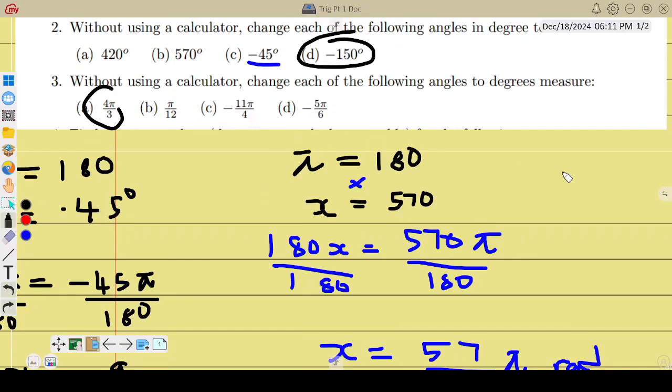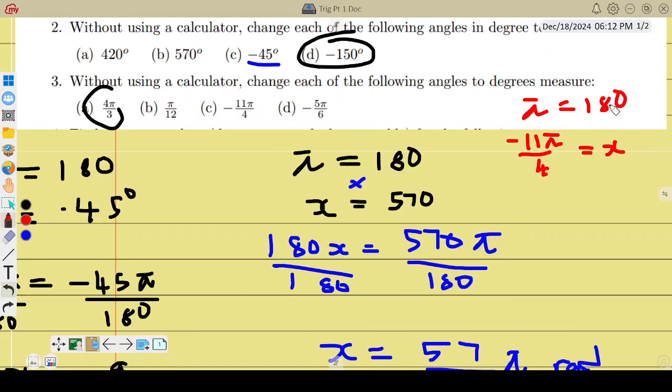Yeah, so you follow the same. You start with pi is equal to 180. And then under pi, we now have negative 11 pi over 4 is equal to x.